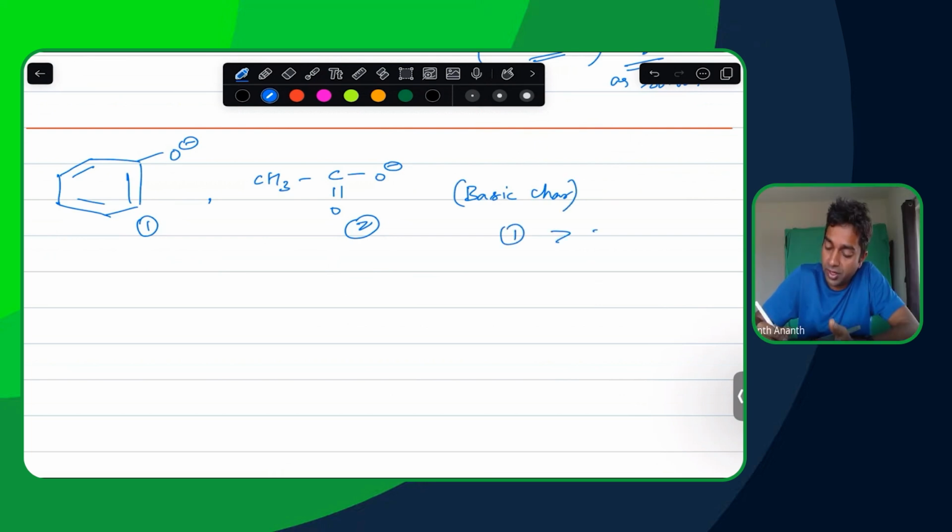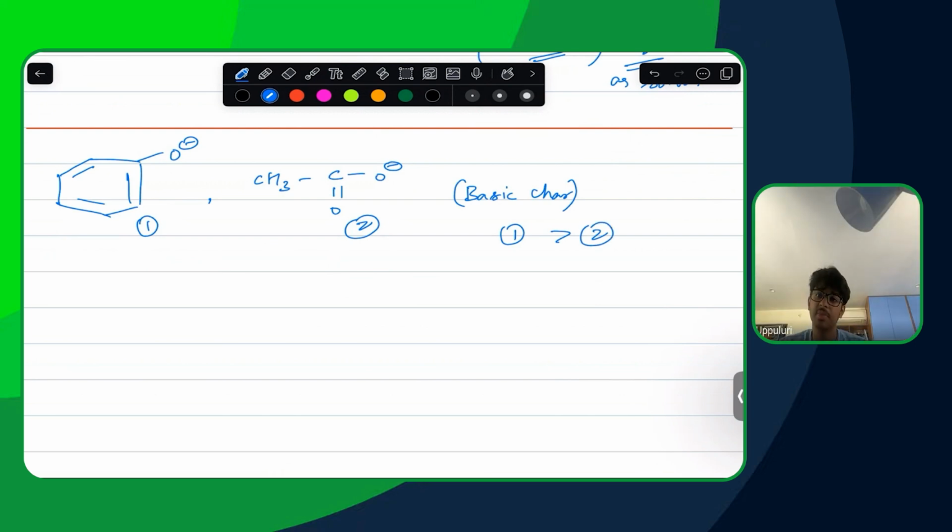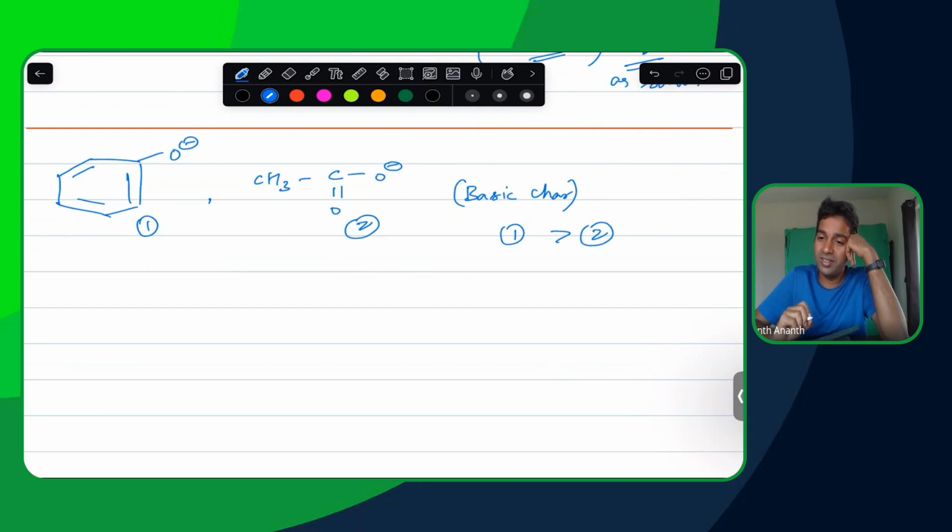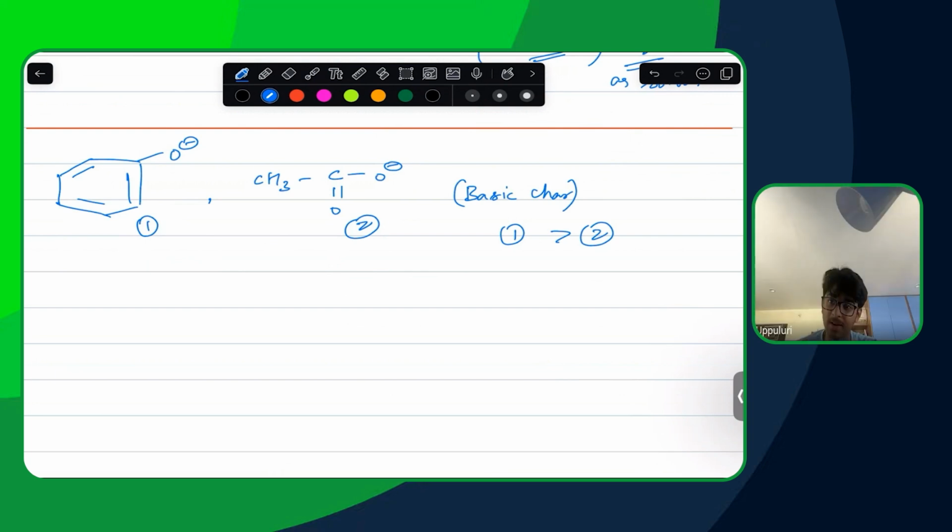Good. Why is one greater than two? Sir, because of pi bonds, no sir. We were given one reason, but I don't think it's for this one. Why, basic character wise, is one greater than two?